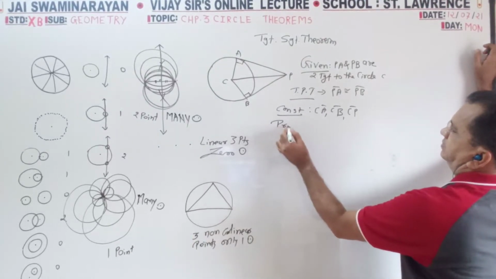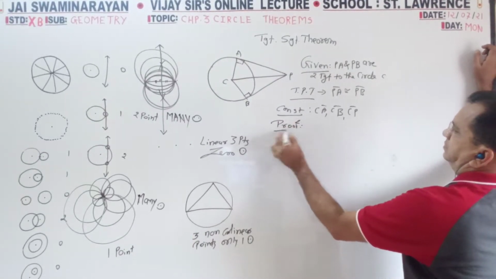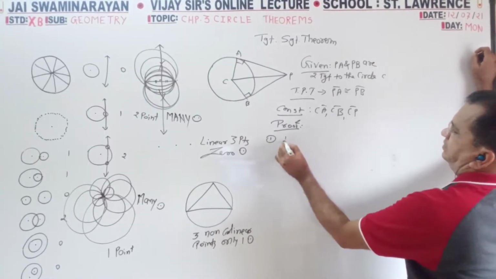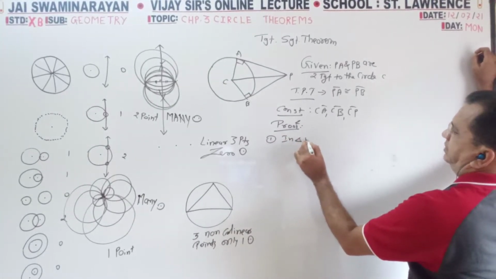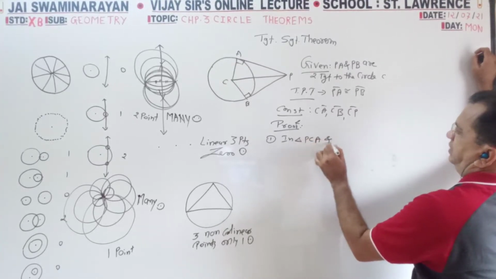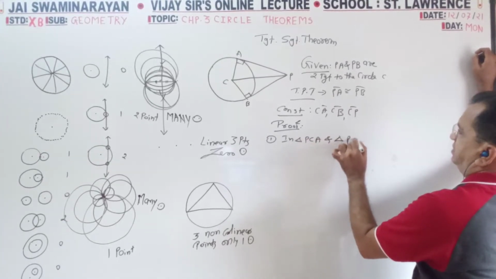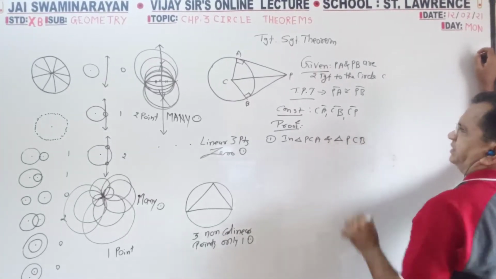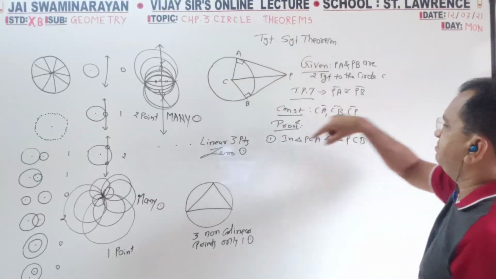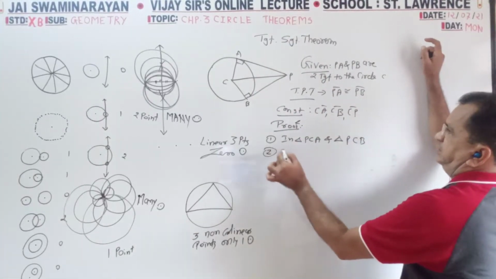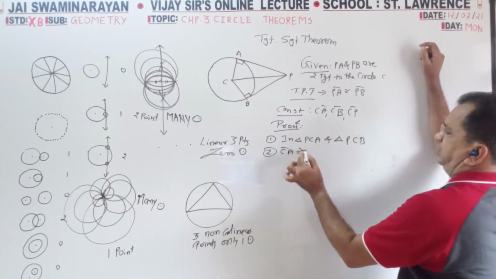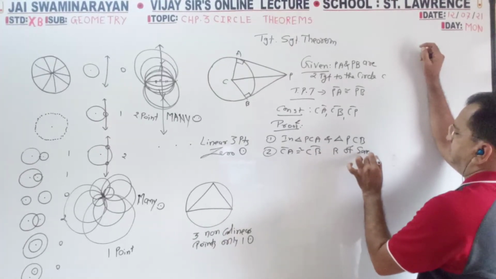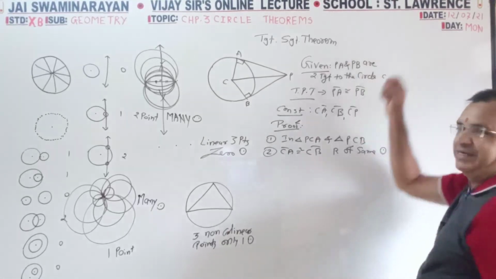Proof. First, in triangle PCA and triangle PCB: CA is congruent to CB, radii of the same circle.